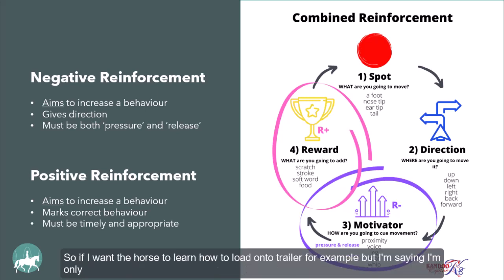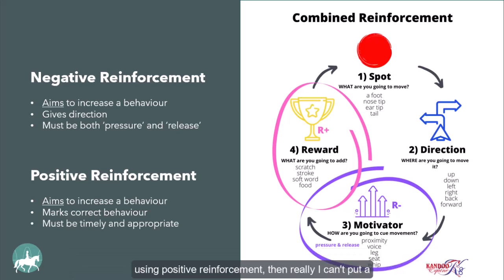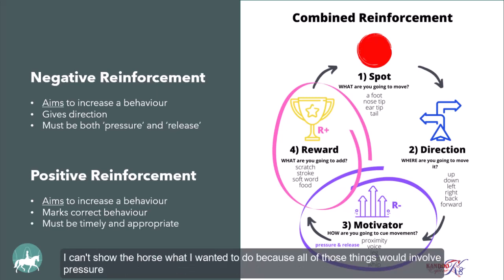So if I want the horse to learn how to load onto the trailer, for example, but I'm saying I'm only using positive reinforcement, then really I can't put a head collar on the horse. I can't lead the horse towards the trailer. I can't show the horse what I want it to do, because all of those things would involve pressure release.